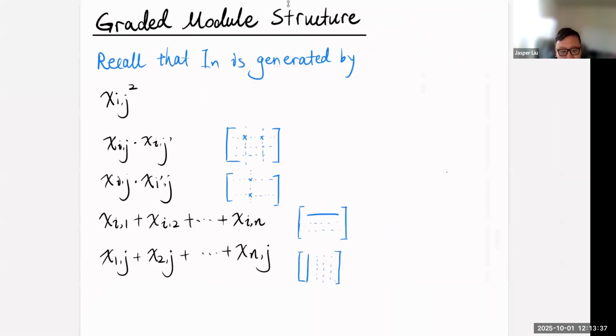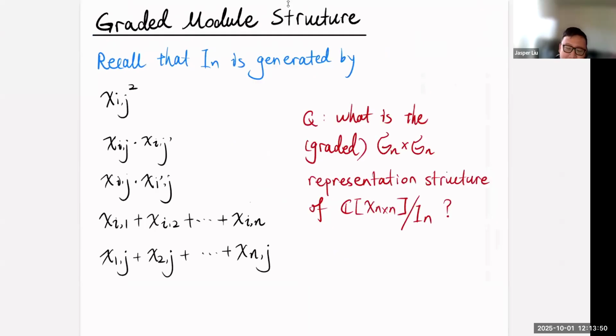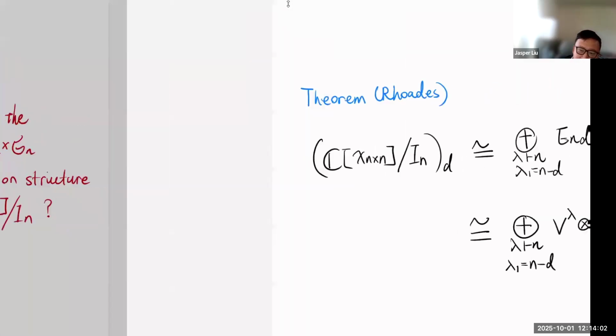And recall that these are the generators of the ideal I_n. And we have that they are closed under the two-sided action of S_n. So the question we want to ask is, what is the graded representation structure of this quotient? This result was also originally answered by Brendon.